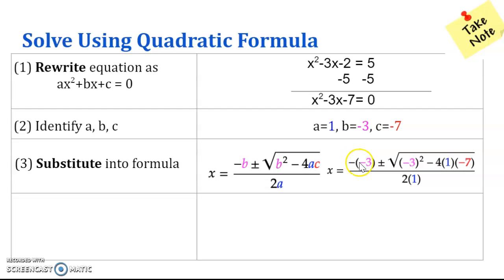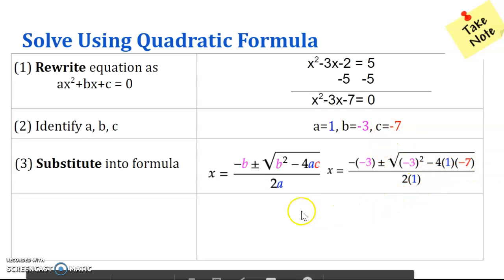And that's how you make mistakes, because though this is really straightforward and easy, it is very prone to little silly mistakes where you lose the negative sign. So I am going to insist for now that you use parentheses when you're substituting in the values, especially negative values. So I am putting in -3 in parentheses here, and -3 is all being squared, minus 4, a is 1, and c is -7, all over 2a.